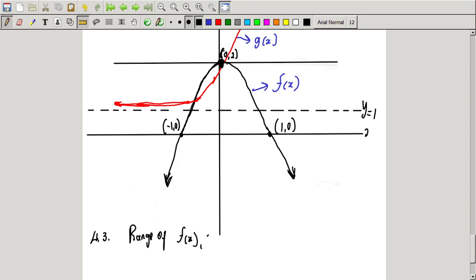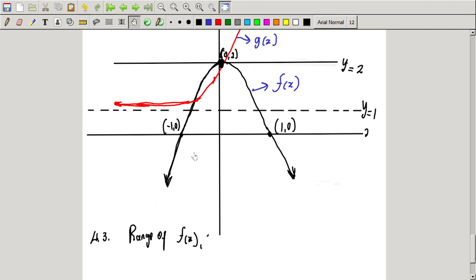We are not given a restricted domain, which means that the function continues. So with that being the case, y equals 2 is the maximum point of the function. Yes.